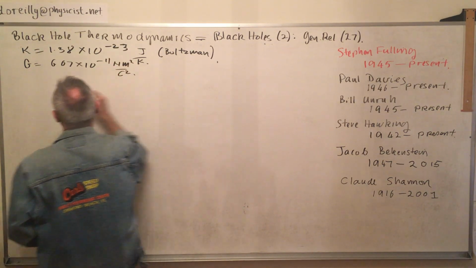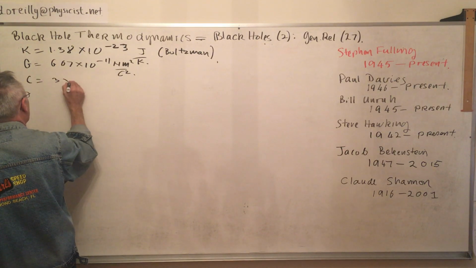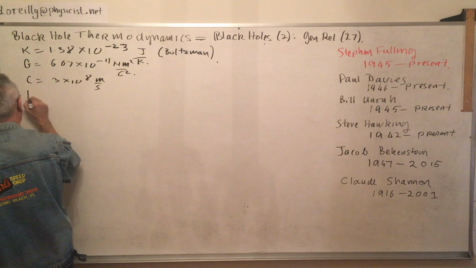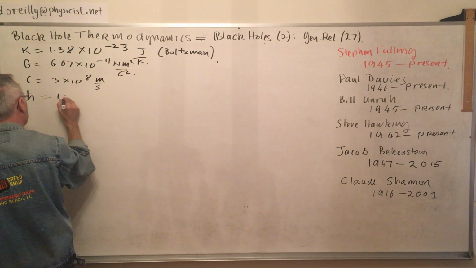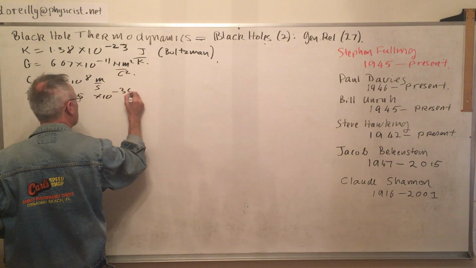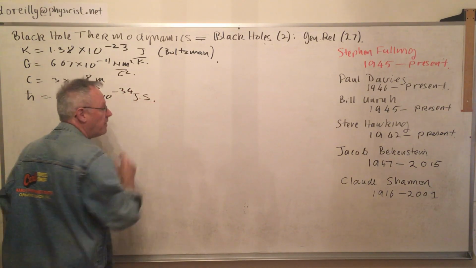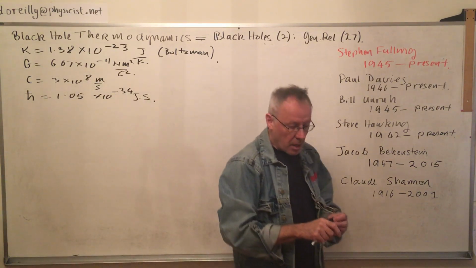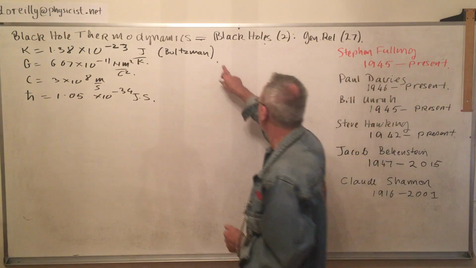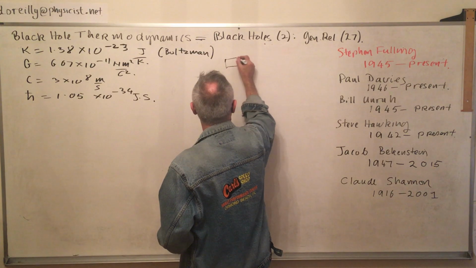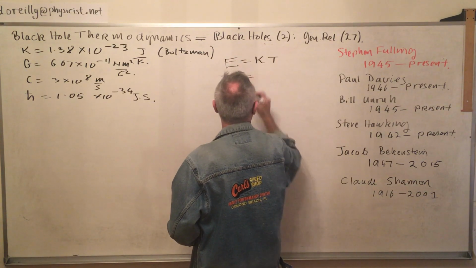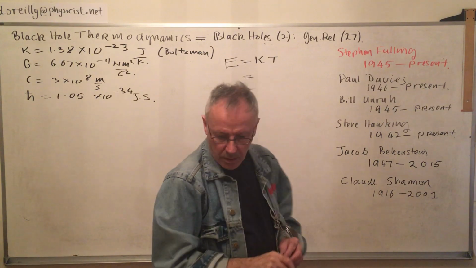We have the speed of light. And we have Planck's constant. They're the main constants. Now, where do they crop up? Well, we have E equals kT.